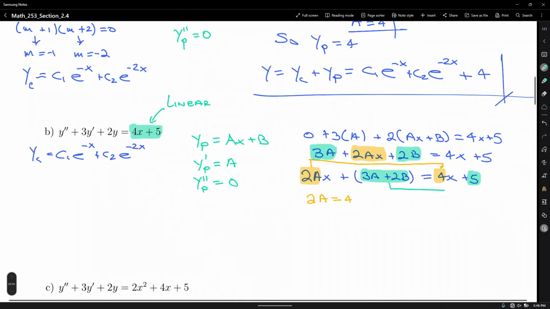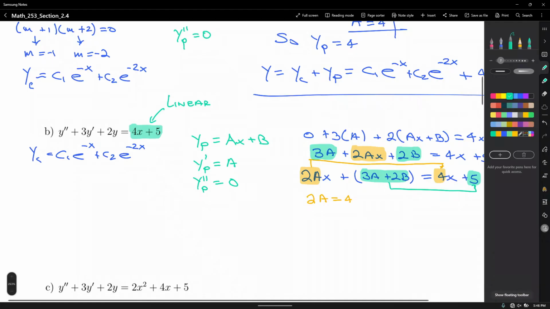The principle behind this is, in order to have a true statement with this equation, the coefficient of x to the first power on the left-hand side must be equal to the coefficient of x to the first power on the right-hand side. And the constant on the left-hand side must be equal to the constant on the right-hand side.